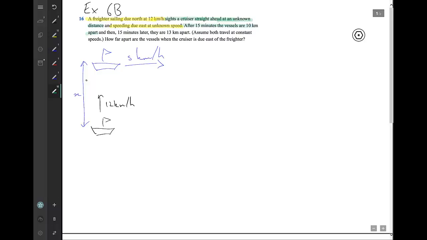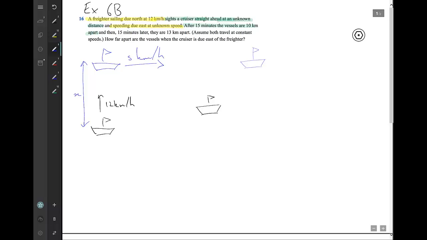All right, so if we look at it, after 15 minutes, this black one would have moved up, and this blue one would have moved across to here.